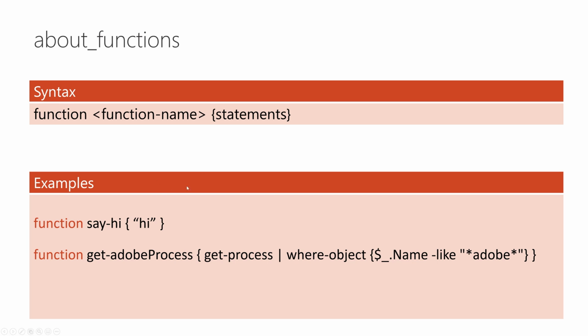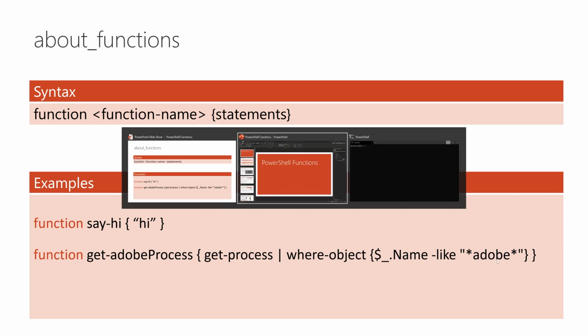So here's some examples of functions. Here's a very simple function which says hi. We use the function keyword, the function name, which is say hi, and we output the string hi to the screen. So here's a little bit of a more elaborate example, and in this function we get all the process objects whose name is similar to Adobe.